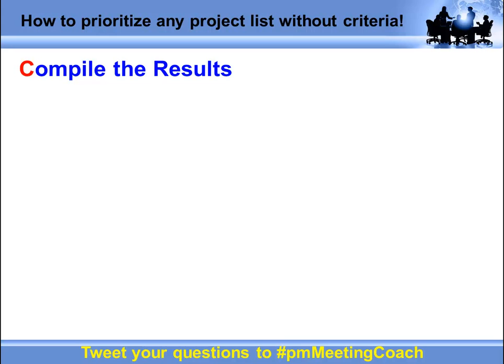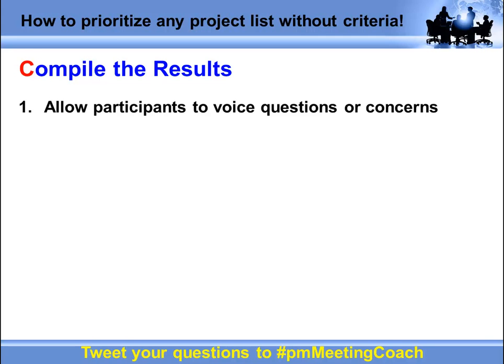Okay, remember that was the last step. We need to get these results written and we need to talk about what we're going to do with our newly prioritized list. Because if you've never had a prioritized portfolio or a prioritized list, you might get stuck here. So it's important to write those results down and share them with people. But before you even do that, ask participants to voice any questions or concerns.